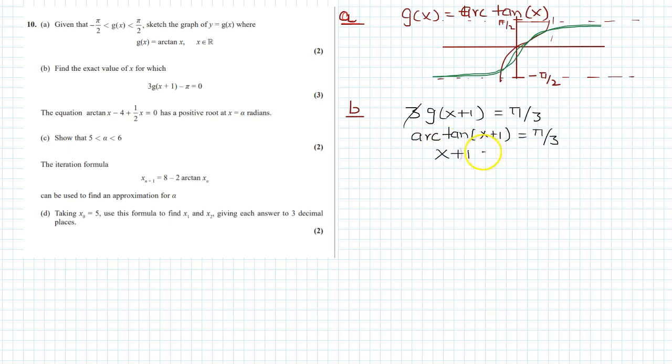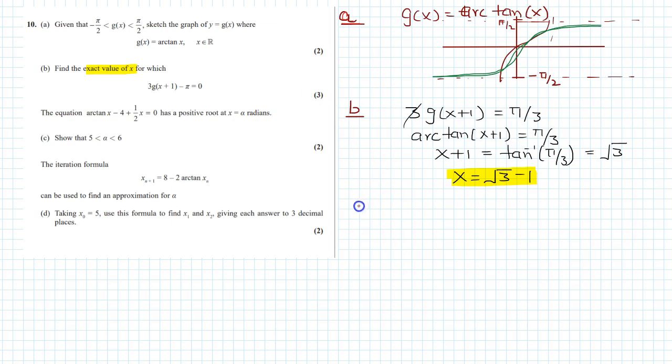So x plus 1 is equal to tan of pi over 3, and tan of pi over 3 is root 3. So x will be root 3 minus 1. That is the exact value of x for this one.